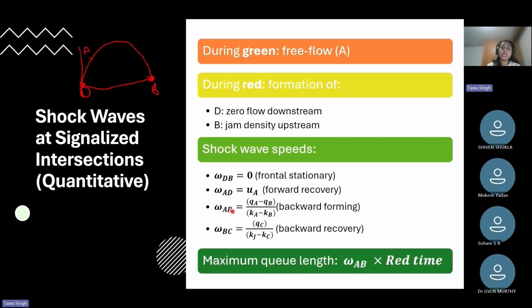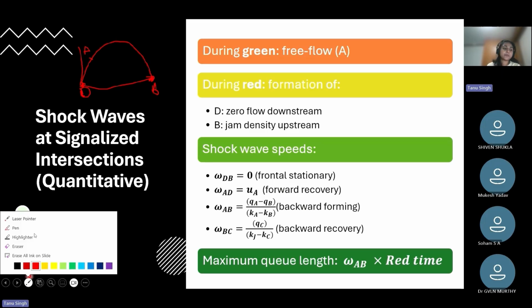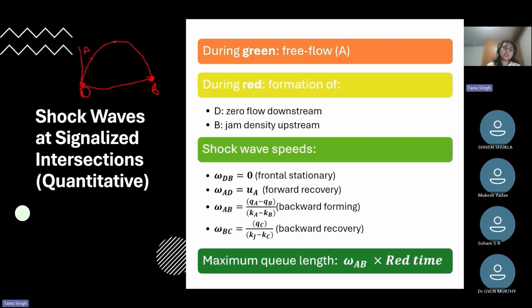Then comes omega AB. Omega AB means the slope of the line connecting points A and B. So it will be equal to QA minus QB upon KA minus KB. For omega BC, it will be QC upon KJ minus KC. QC is taken somewhere here, where C will be optimum.